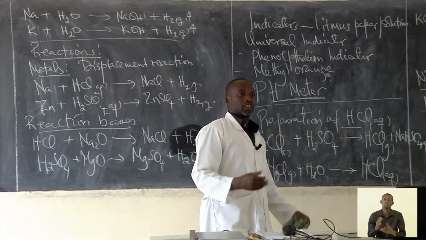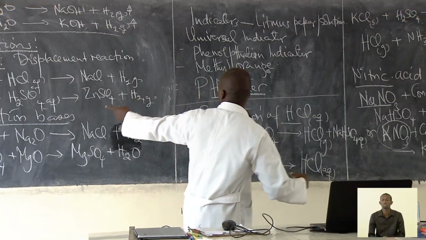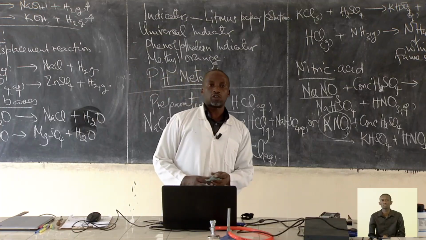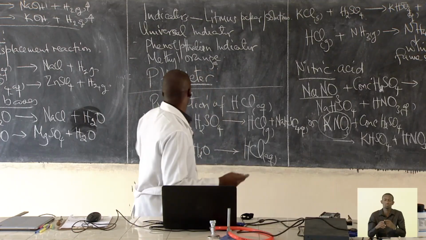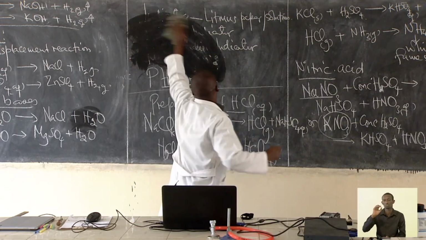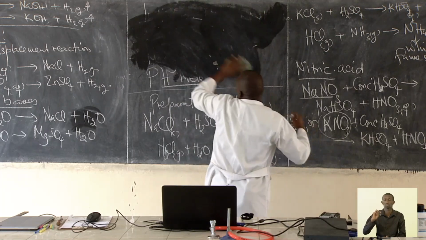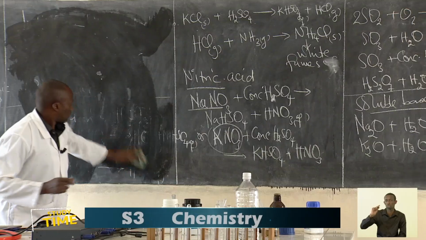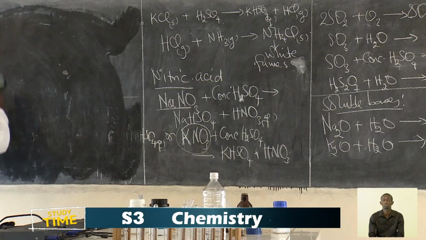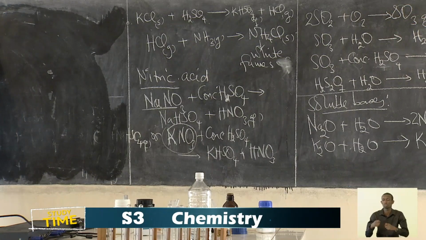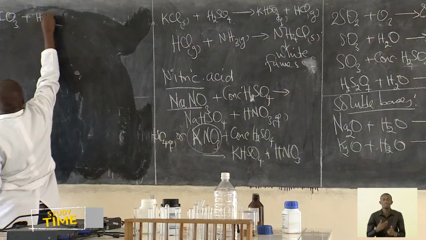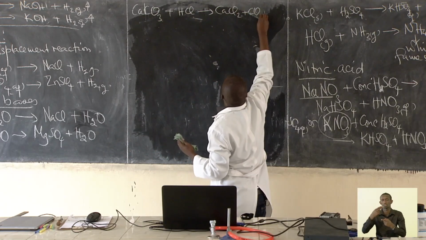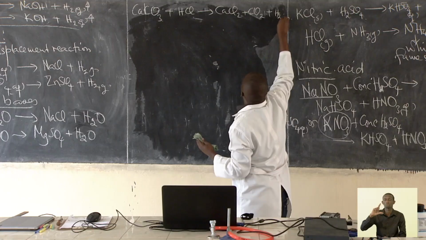Or metals react with acids to produce hydrogen gas and the salt. Another reaction is that of acids with carbonates and hydrogen carbonates. For example, calcium carbonate with hydrochloric acid will give calcium chloride plus carbon dioxide and water.